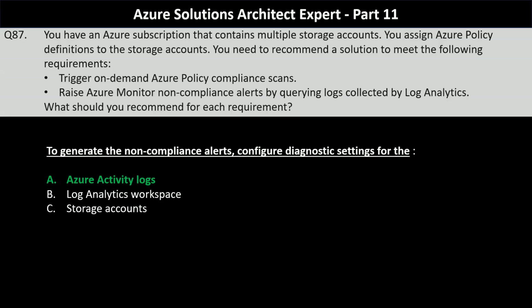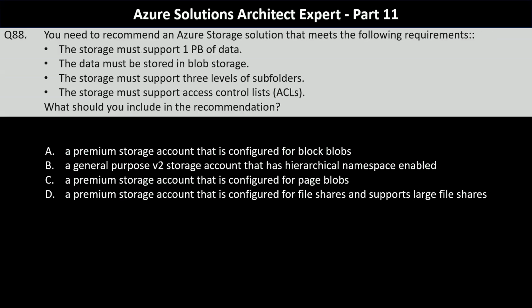Question number 88. You need to recommend an Azure storage solution that meets the following requirements. The storage must support 1 petabyte of data. The data must be stored in blob storage. The storage must support 3 levels of subfolders. The storage must support access control lists. What should you include in the recommendation?